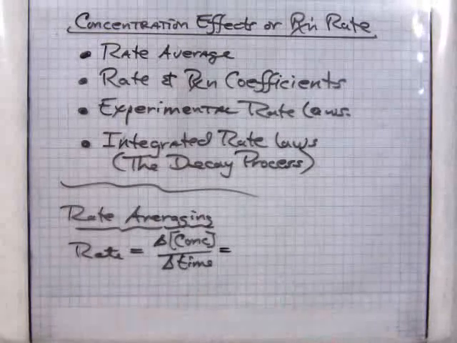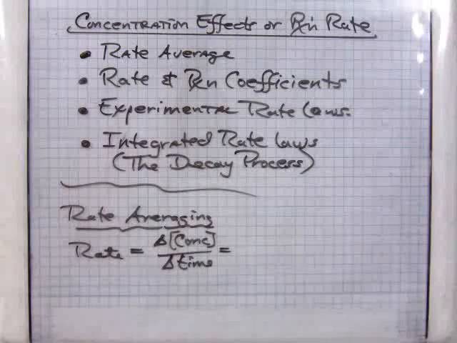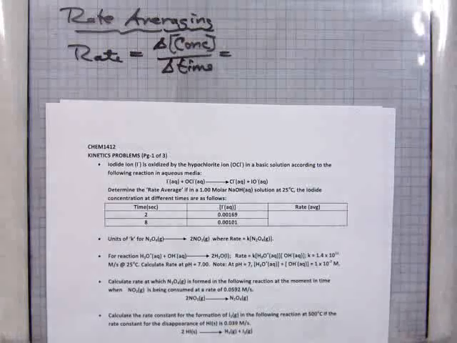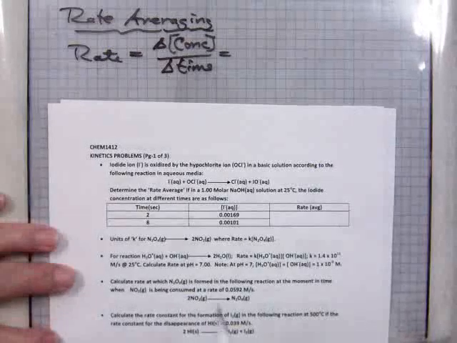So in the problem that's given, you'll be given a concentration at time 1, concentration at time 2. You just simply apply it to the definition. This first problem is an example of that.